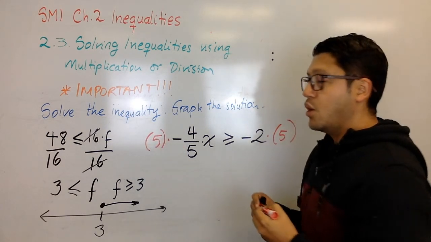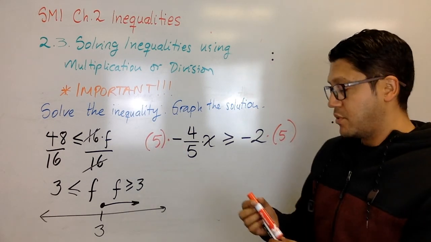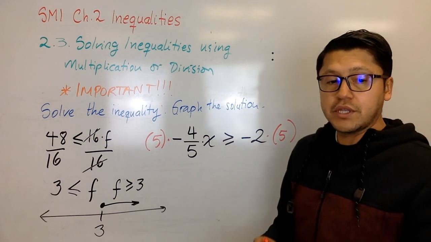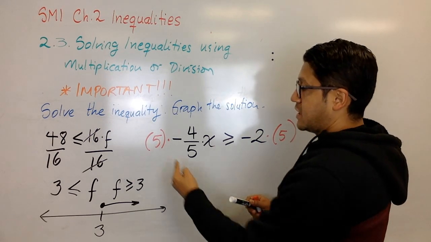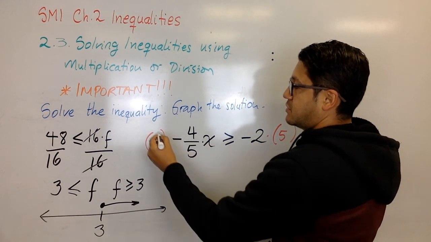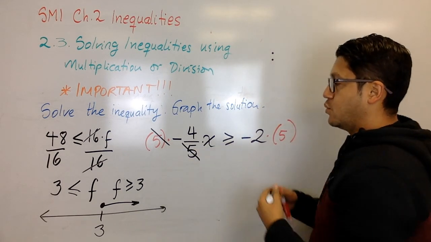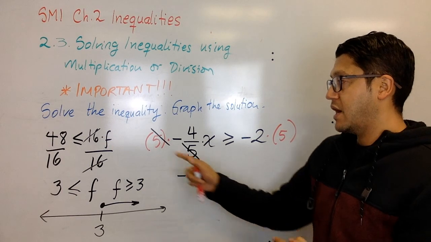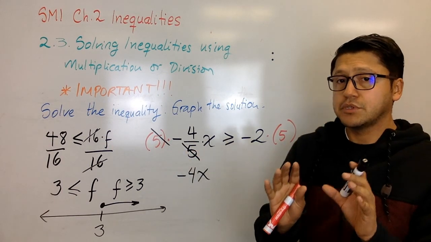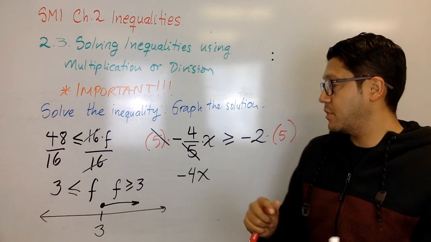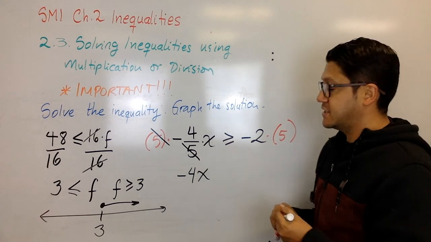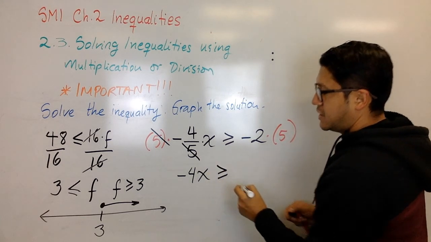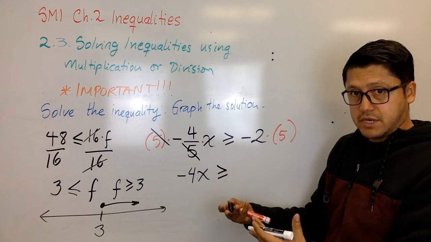Remember our goal is basically to cancel out these numbers 5, which leads me to get a negative 4x. Remember, I just did a multiplication by a positive number, which means that this symbol continues being a greater than or equal to, right?